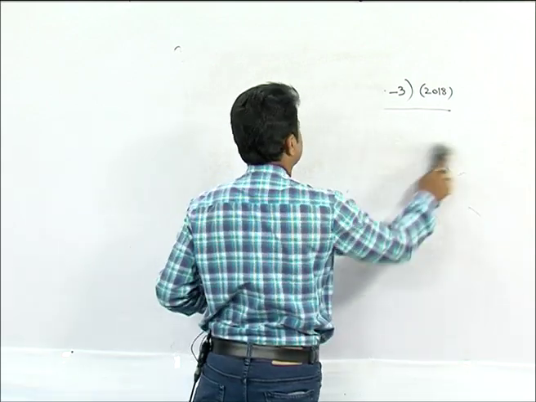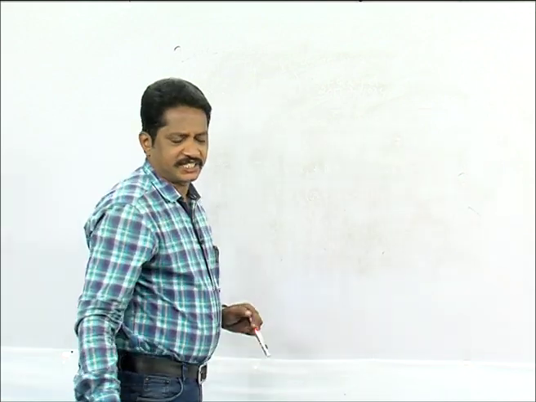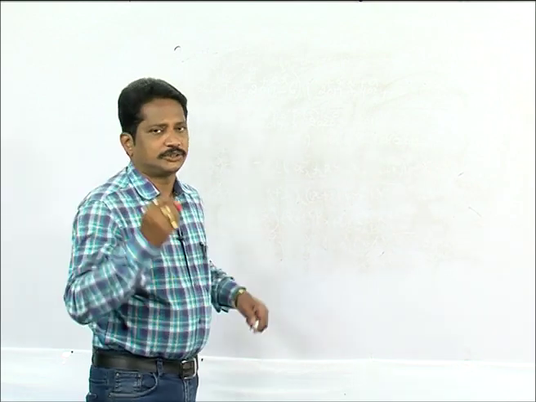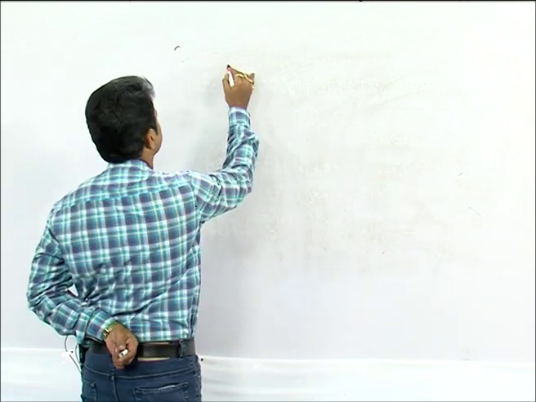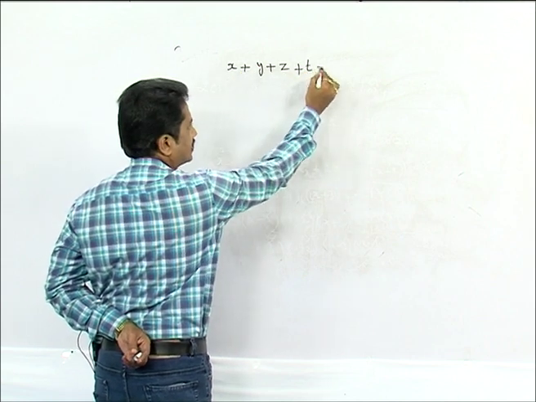So, we will observe why I am saying this. Here application is the most important, the reasoning will take maximum place. So, the simple question is: x plus y plus z plus t is equal to 1.